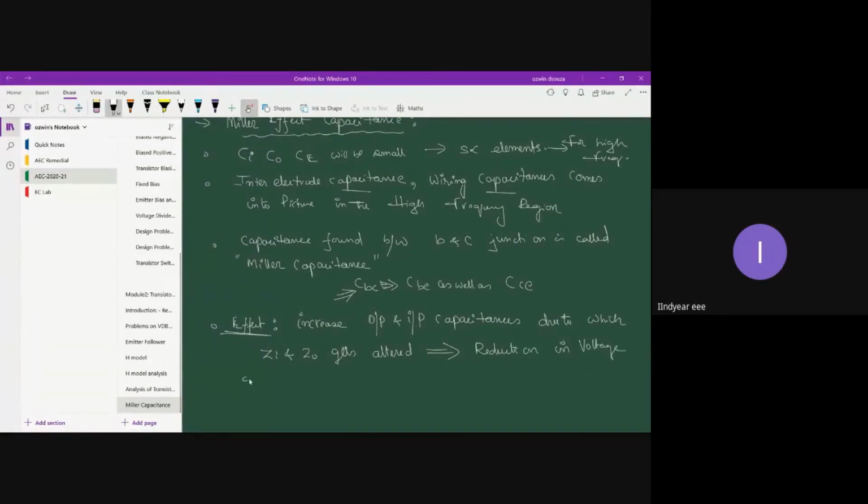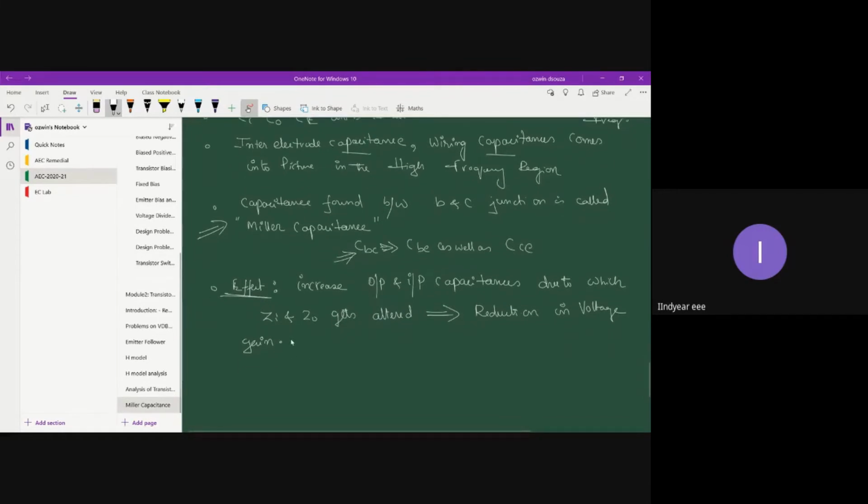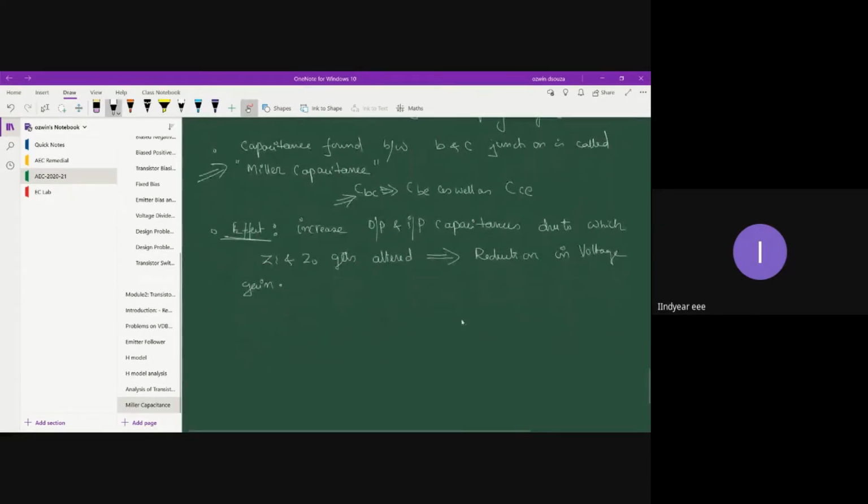So this is the definition of Miller capacitance. The capacitance found between base and collector junction is called Miller capacitance, and it has the highest capacitance value in comparison with the other two. The Miller capacitance basically alters the input and output impedances by increasing the output and input capacitances, due to which there will be a reduction in voltage gain.